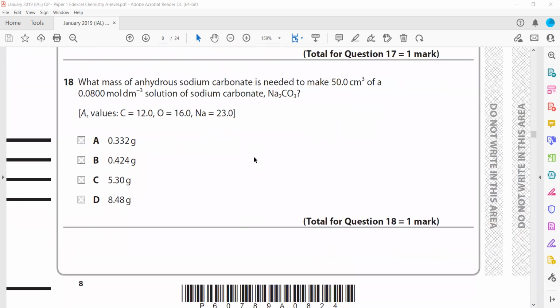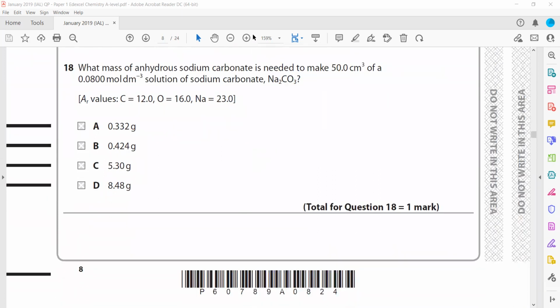In question 18, what mass of anhydrous sodium carbonate is needed to make 50 cm cube of 0.08 mole per dm cube of sodium carbonate, Na2CO3? So first we have the volume and we have the concentration. Using the concentration and volume, we'll first find the moles.